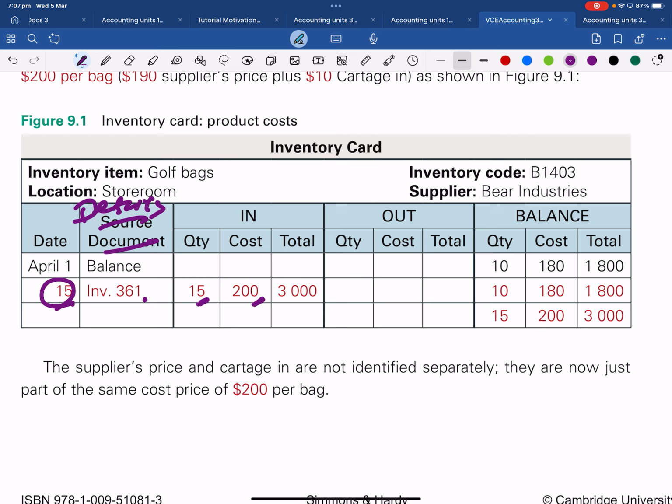Cost price 200. How did we get 200? Remember, 190 plus 10. Then 15 times 200 is 3000. Then you update as usual. Whether it is FIFO or identified doesn't really matter.